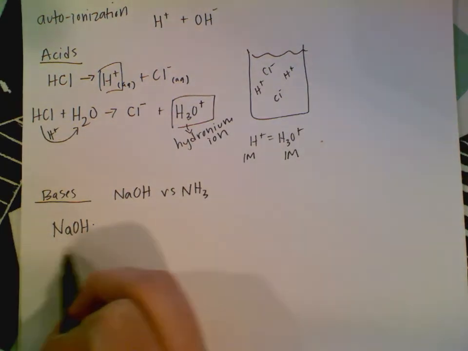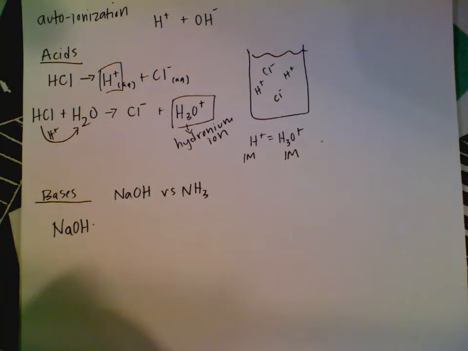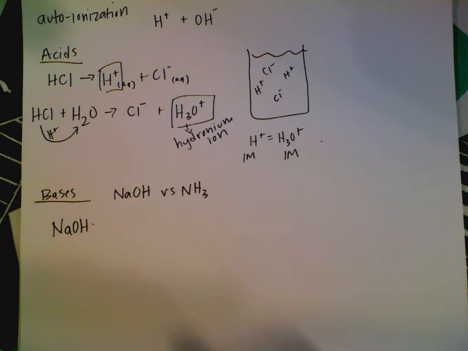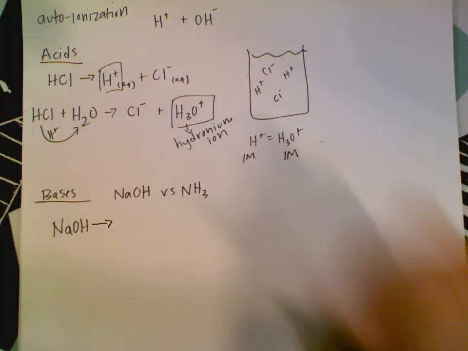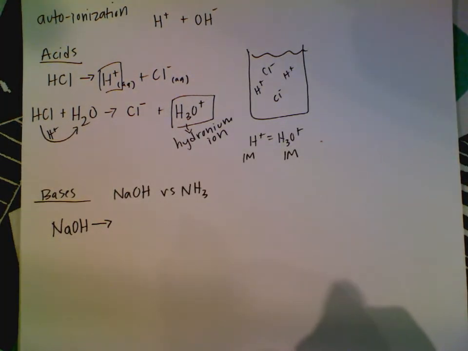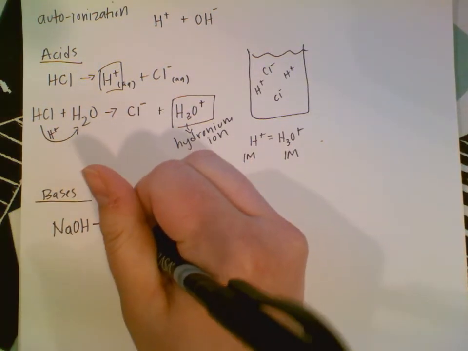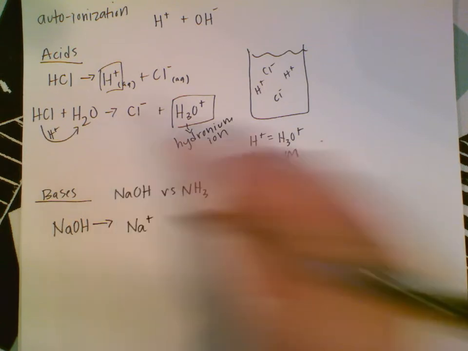You can see right here in the formula that there is an OH, and it makes sense that that OH, when you break it up and put it into water, is going to increase the OH minus concentration. And so for chemicals that have an obvious OH in their formula, we write the reaction for their ionization as just the ions breaking up.